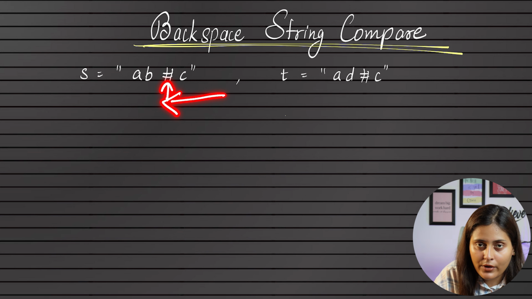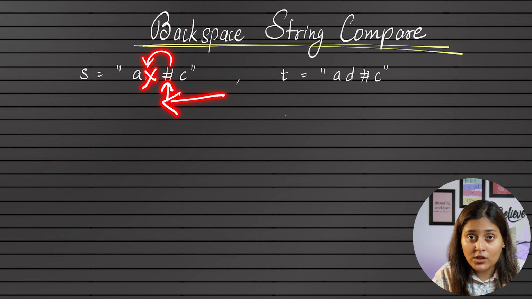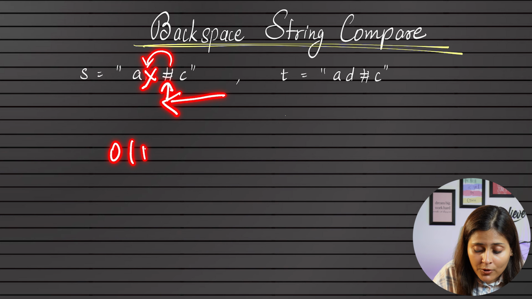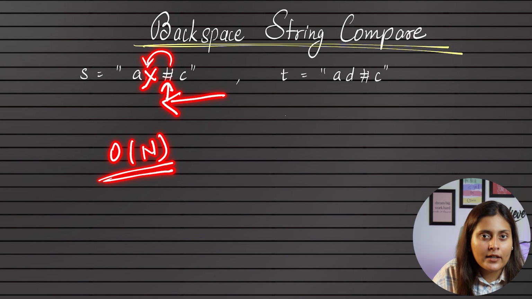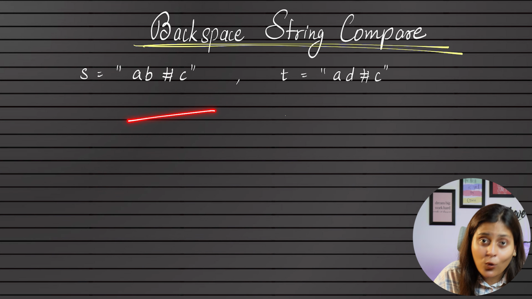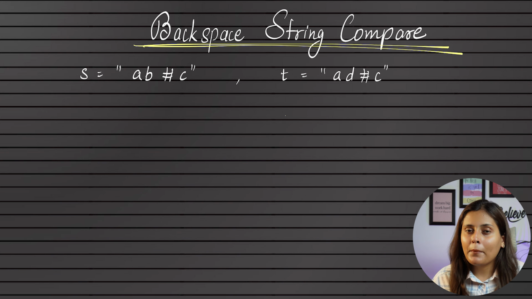Once this character found, don't include that next one. Anyhow you are supposed to take O of n time complexity to encounter every character, right? So here we are not doing again and again for that undo operation. Okay, if it is hashtag, we are not including itself. So in just exactly O of n, although both are linear only, but here in exactly O of n time complexity and also space complexity.